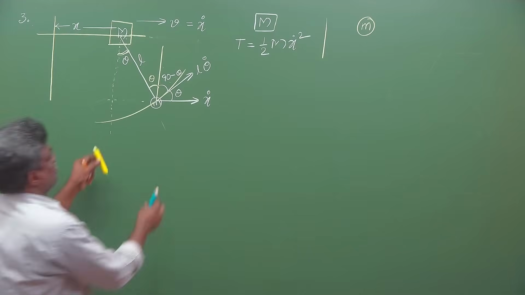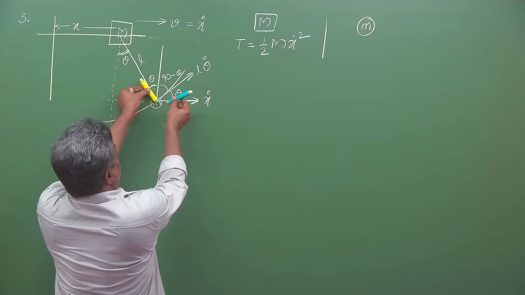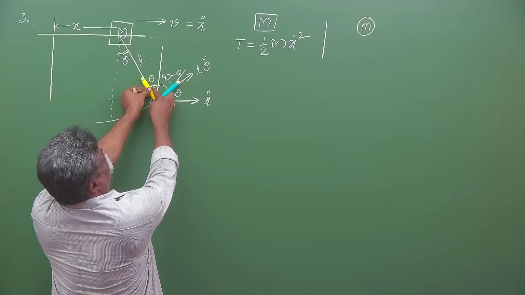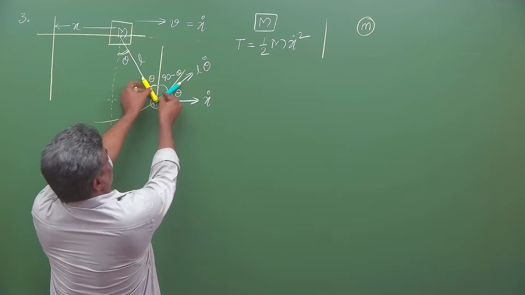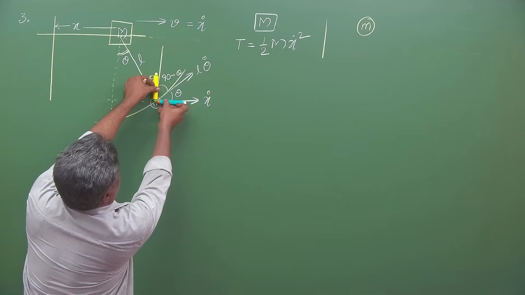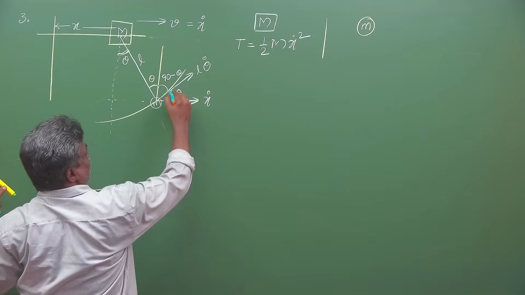One more time. Everybody got this is theta. Once you have this theta, radial and tangential are at 90 degrees. Once you have this 90 minus theta, vertical and horizontal, that's it.